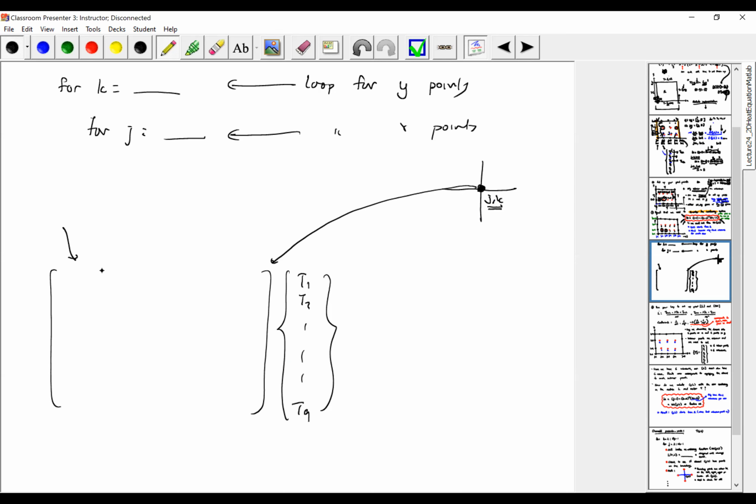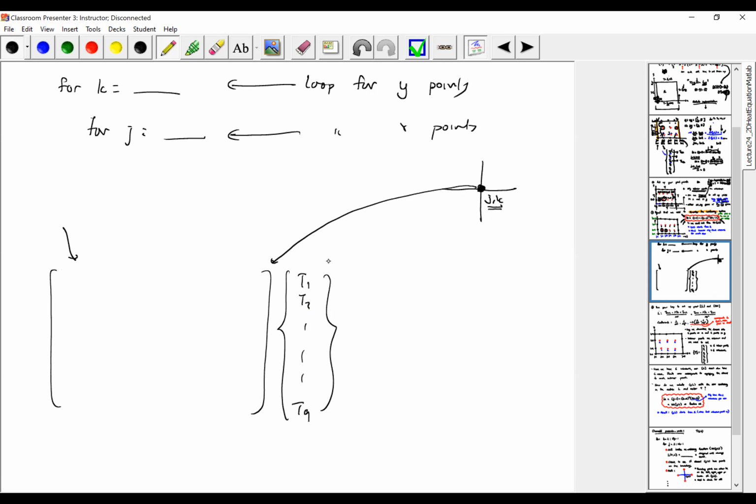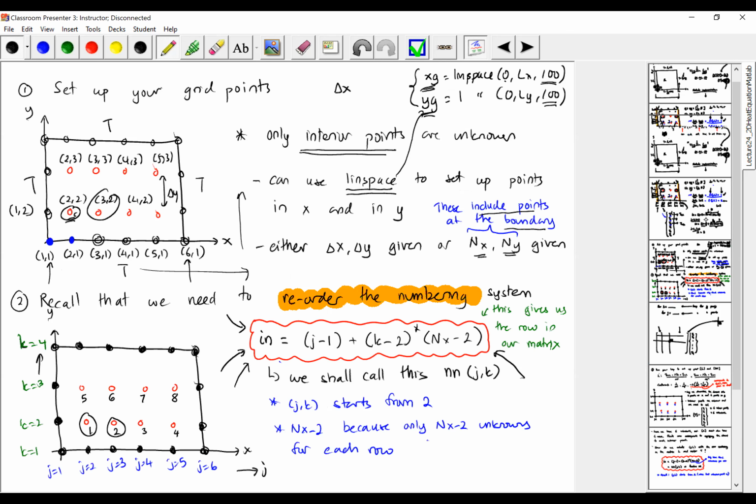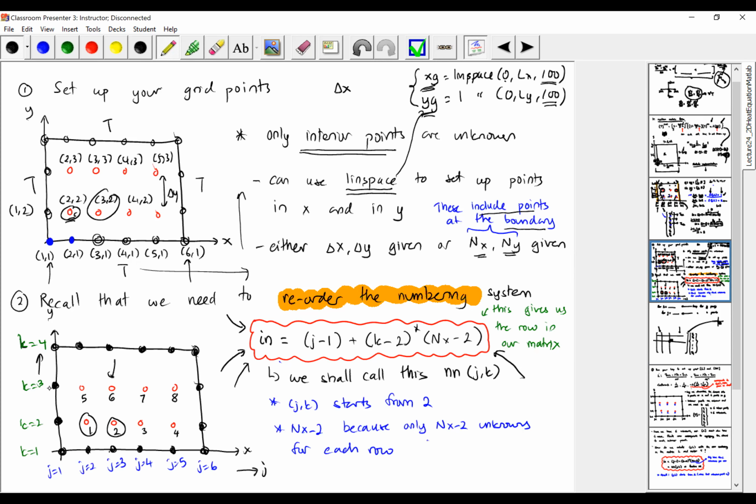This coefficient matrix is not the same as this coordinate matrix. This is what students always misunderstand. They think that the matrix you set up in your Laplacian, whatever row, whatever column, for example row 3, column 3, corresponds to J3 and K3. That is not the same, because the grid is referring to the points that you have.